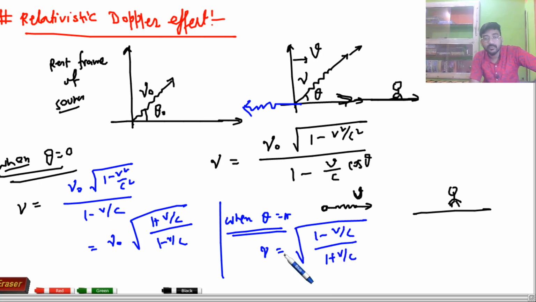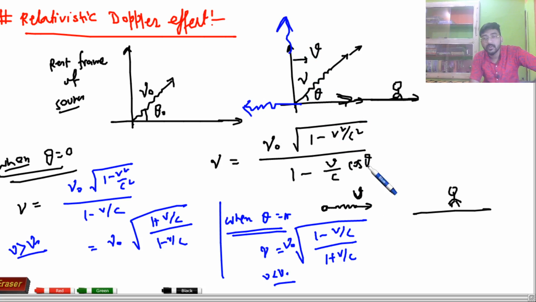And you can see from these two formulas that in the first case nu is greater than nu naught, because the light is moving towards the observer, and here nu is less than nu naught because it is moving away from the observer.